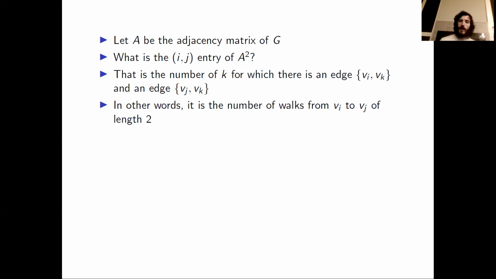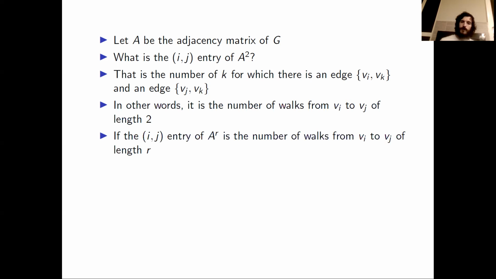Now we can proceed by induction. So we can suppose that the ij entry of A to the r is the number of walks from vi to vj of length r, and this is true for some r greater than or equal to 2.